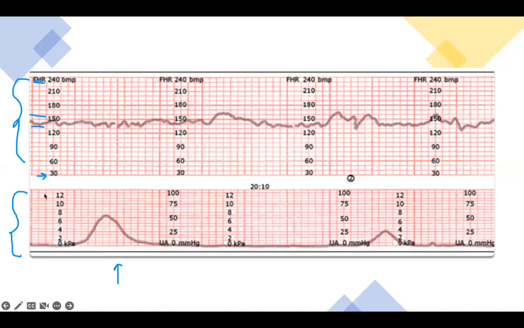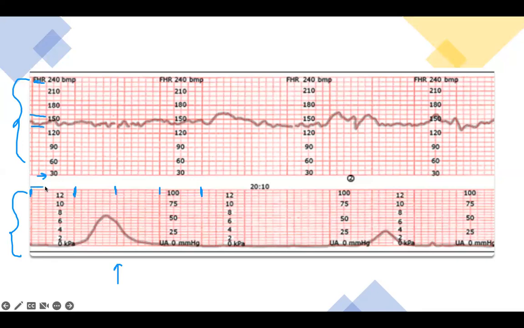Like a normal EKG, look at the line, the two thick lines. There's a thick line here, another thick line, another thick line. Between the thick lines, if you count, there's 1, 2, 3, 4, 5, 6 small lines.